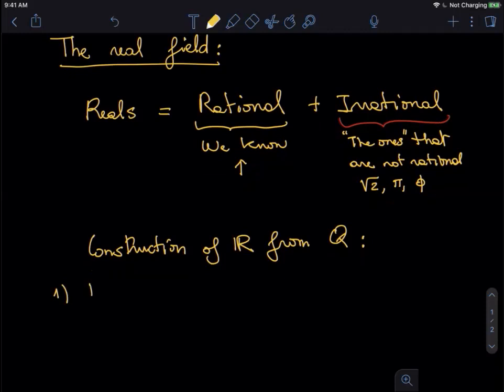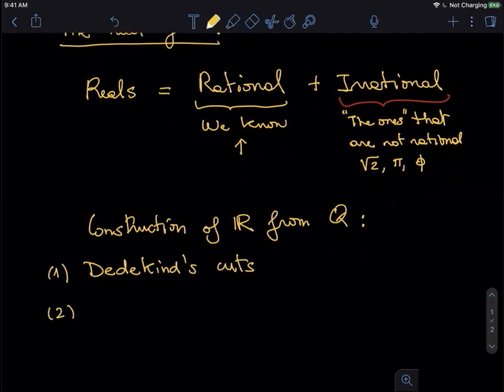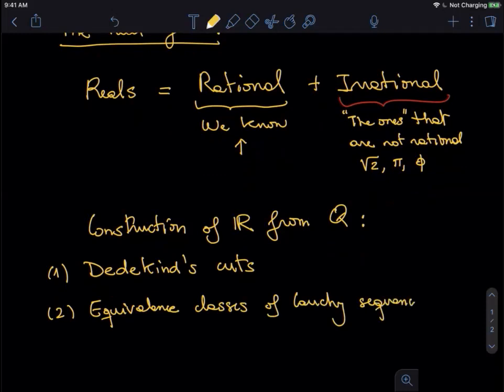The first one is using Dedekind's cuts, and the second one is using equivalence classes of Cauchy sequences, and this one is due to Cantor.